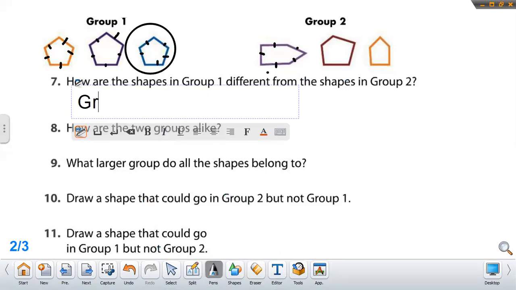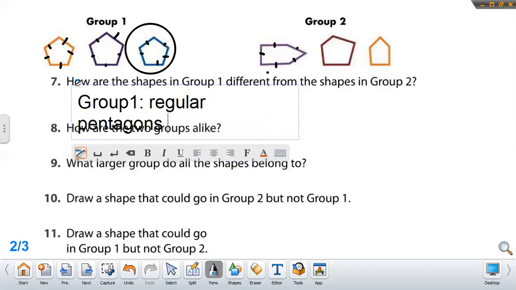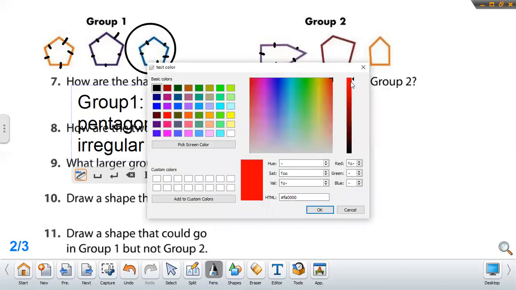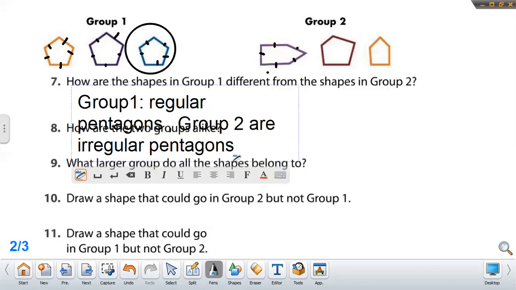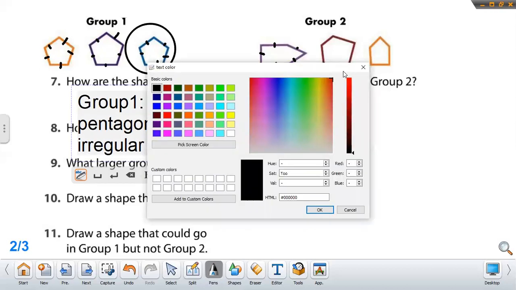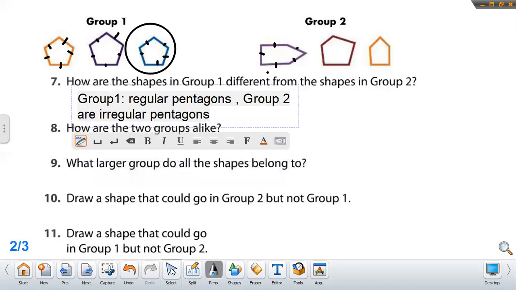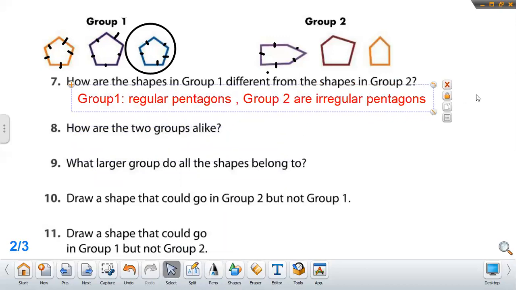So let's write the difference. Group 1 are regular pentagons, and group 2 are irregular pentagons.